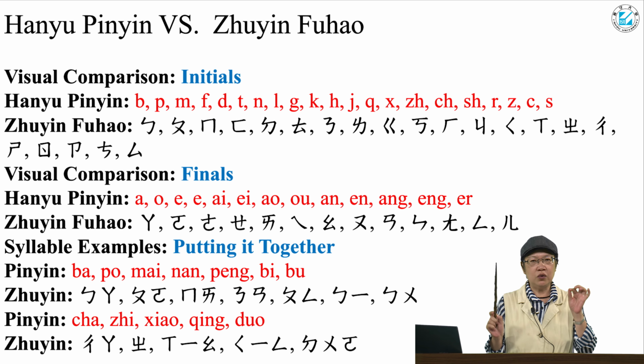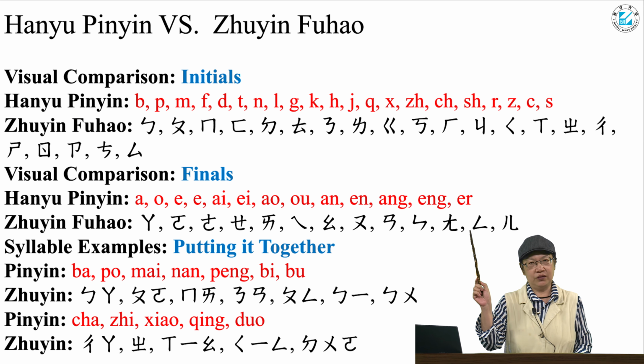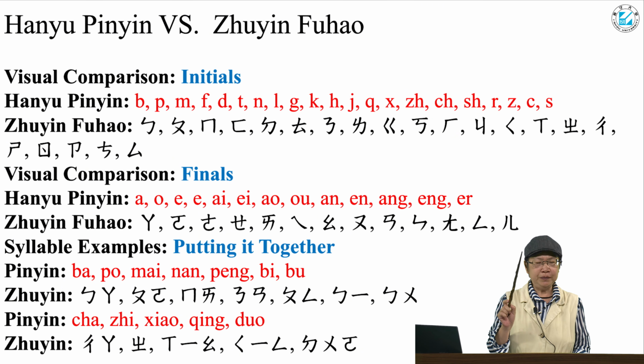So if there is more than one vowel, we have to define which one is the main vowel, and we mark the tone symbol. Remember, the first tone is flat, the second tone goes up, the third tone is like a tick, and the fourth tone drops. And then 1, 2, 3, 4. These four tones will be marked on top of the vowel. So we put them together.